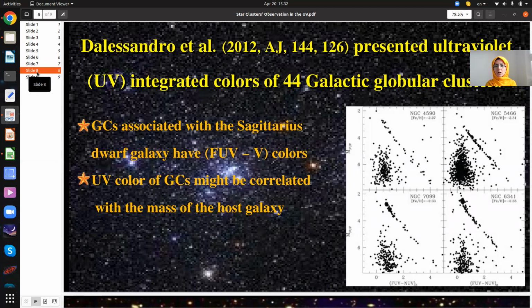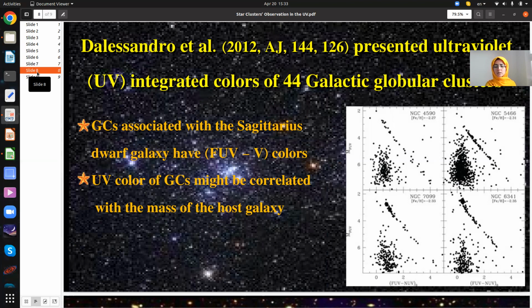D'Alessandro et al., in 2012, presented ultraviolet integrated colors of 44 galactic globular clusters observed with the Galaxy Evolution Explorer, or GALEX, in both FUV and NUV bands.